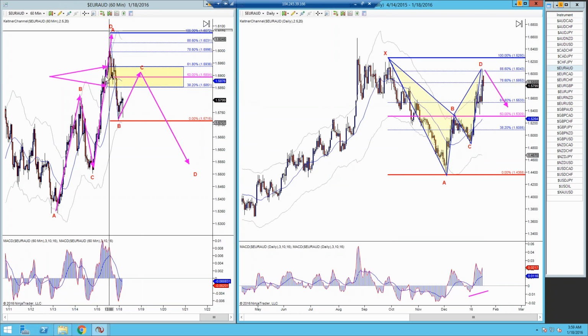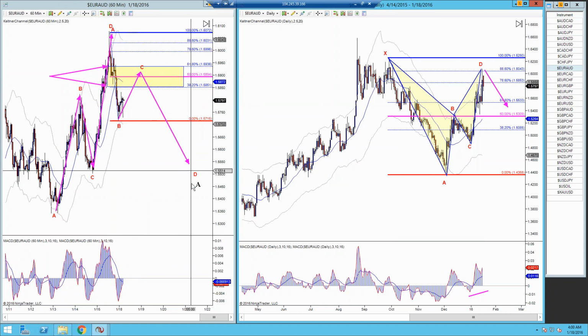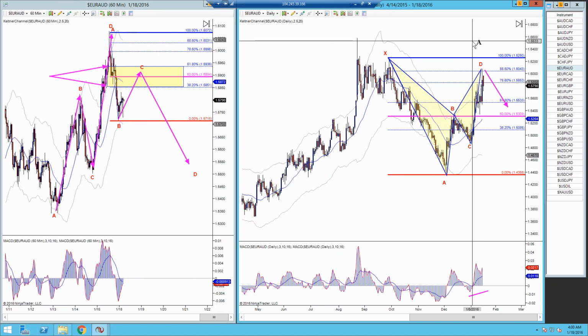The process is on the shorter time frame that this has to work itself out before going lower. All right, at some point, we're going to expect this market to come all the way back down again. So, you with me so far, guys? Okay. Good.